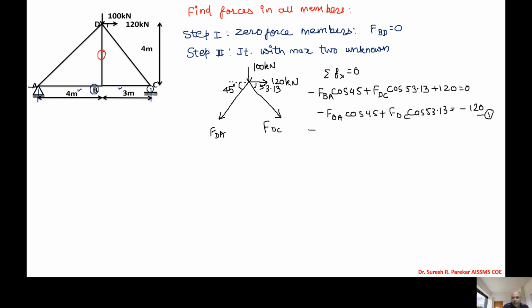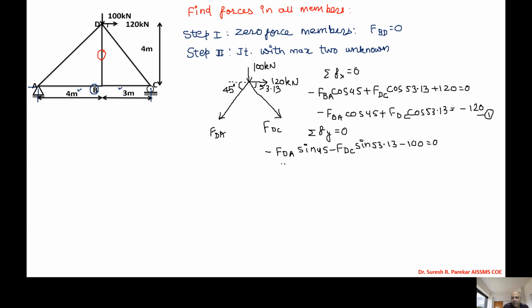Then we apply another equation, summation Fy equal to 0, which is minus FDA sine 45, because it is downward, minus FDC sine 53.13, also downward, minus 100, which is also downward, equal to 0.